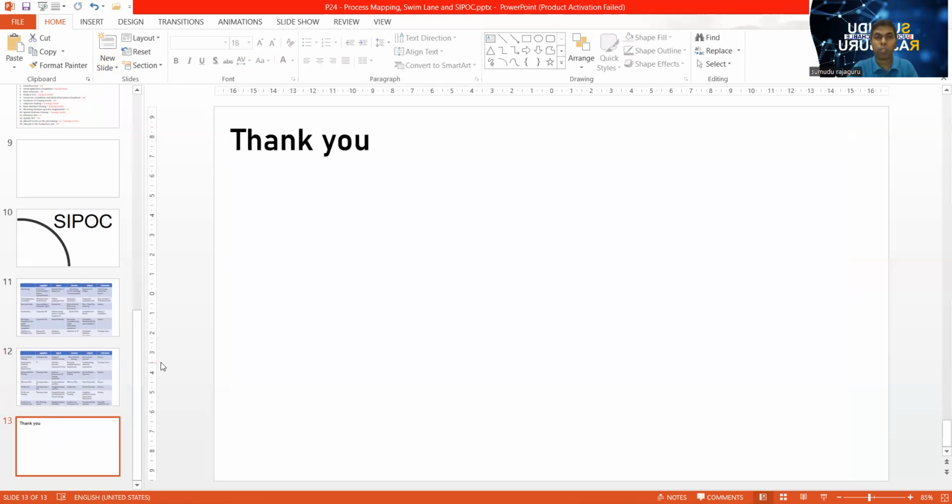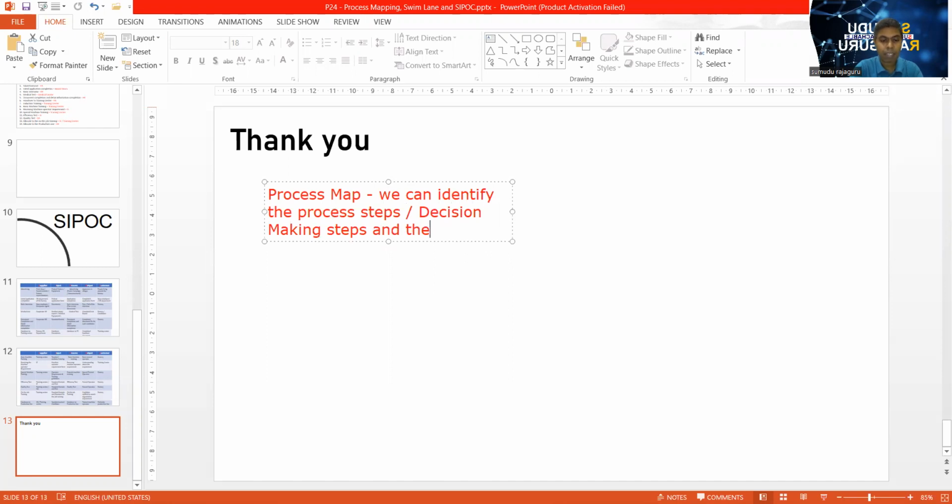Because of the process map, we can identify the process steps, decision making steps, and the interrelations.